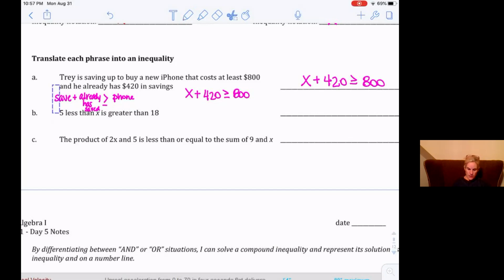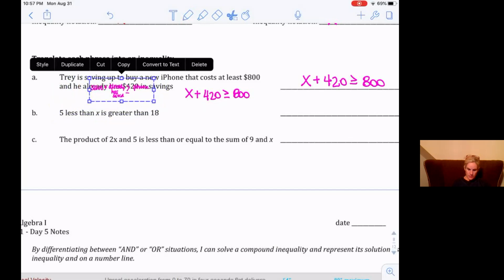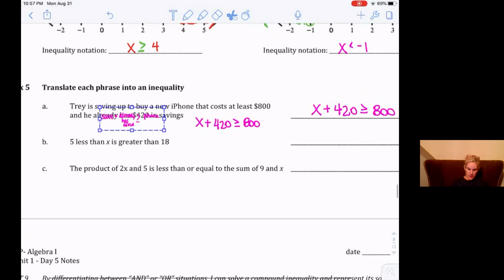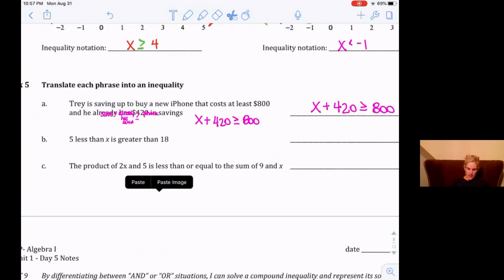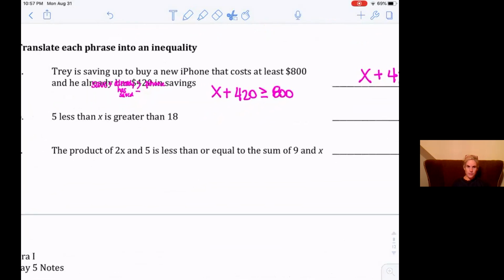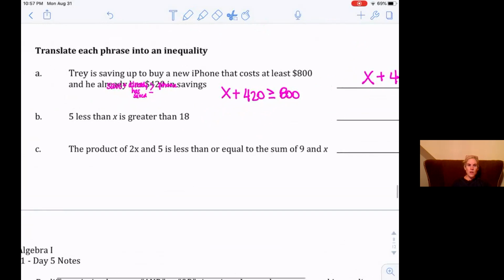All right, the next one says 5 less than x is greater than 18. When I read this, I try to mark up the sentence that I'm reading. The first thing that I read is 5 less than x.